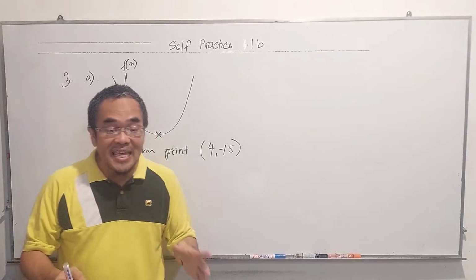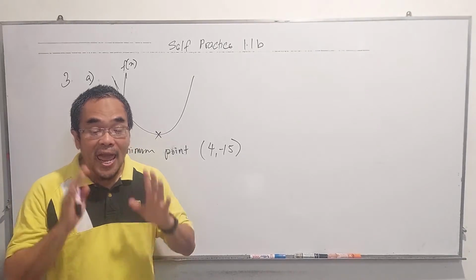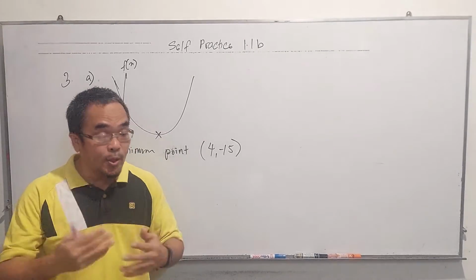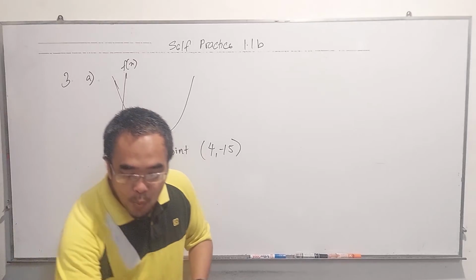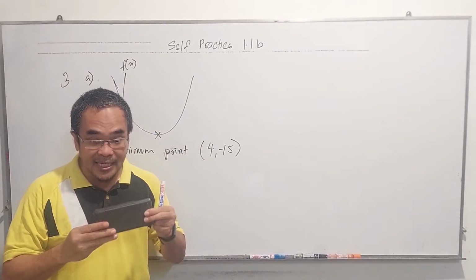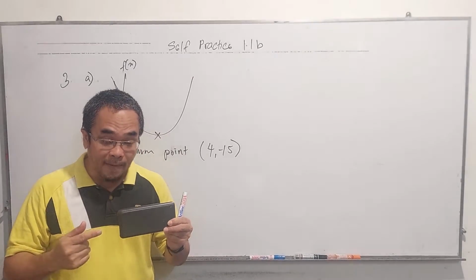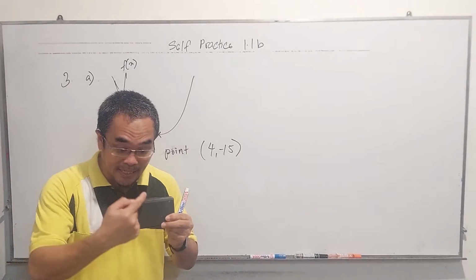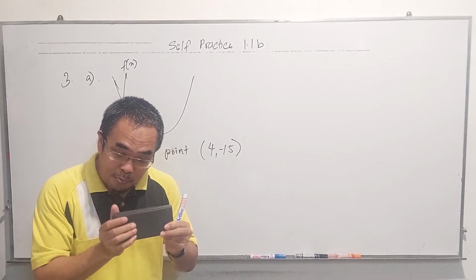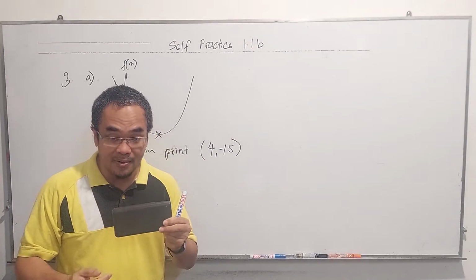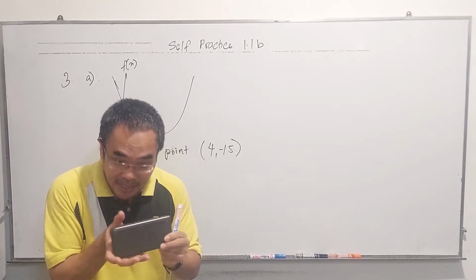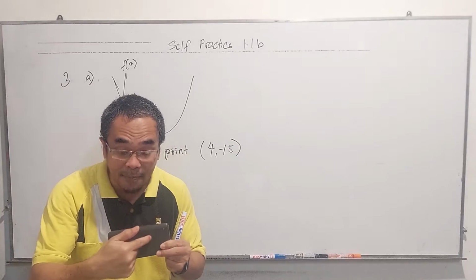Line of symmetry is a line that divides any figure into two equal parts. Let's say this is the figure, you cut it into two equal parts. When you cut it here, for example, this one part will fall on the other part. If you really cut it, take this part, it will fall on the other part.